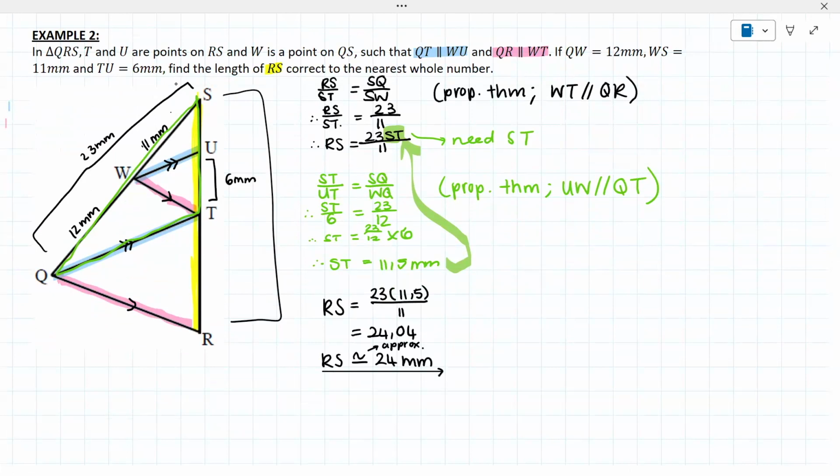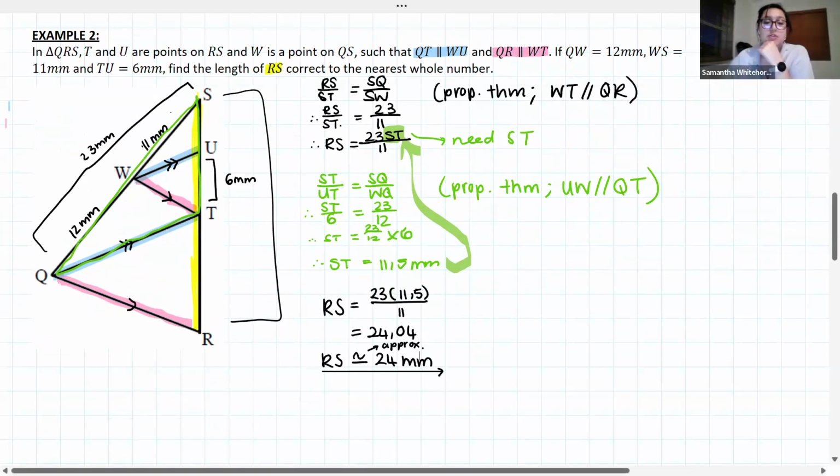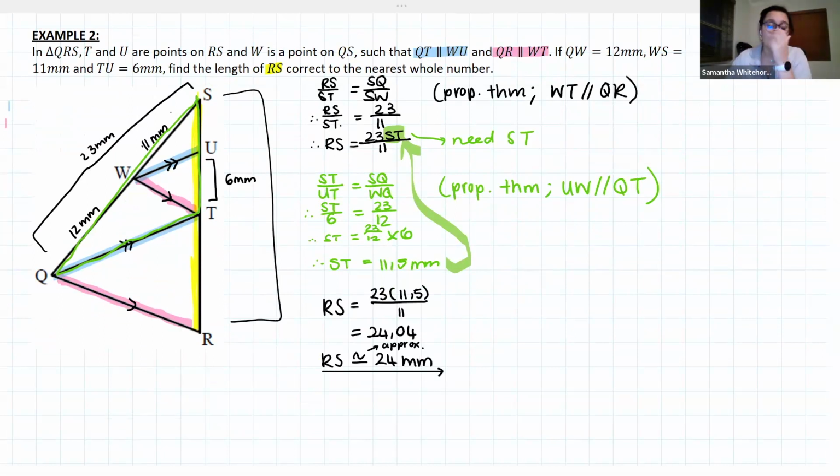Okay, guys, so this one, like I said, is pretty much the same as the first question we had a look at. If you set up the ratio in terms of what you want, so that ratio for RS, you can figure out what you still need to work out.